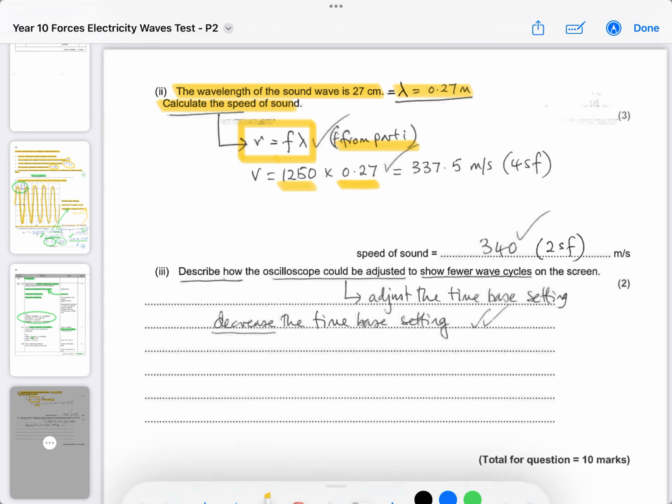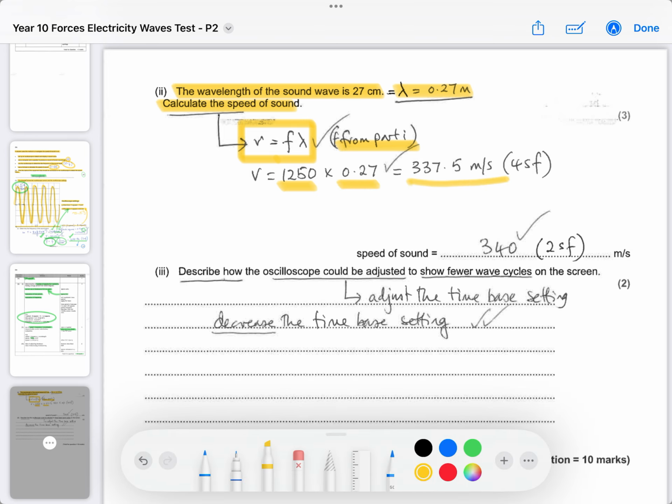This in meters, 2 marks. Answer with units, 3 marks. If you put it like this, it would be 4 significant figures, yes, but you should really put it to 2 significant figures, okay? 340.